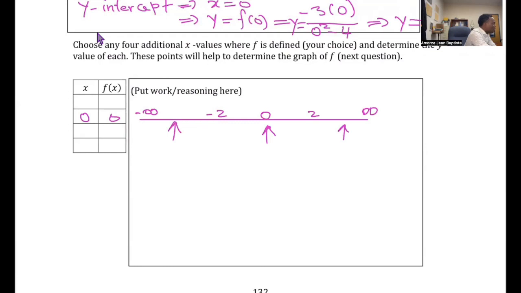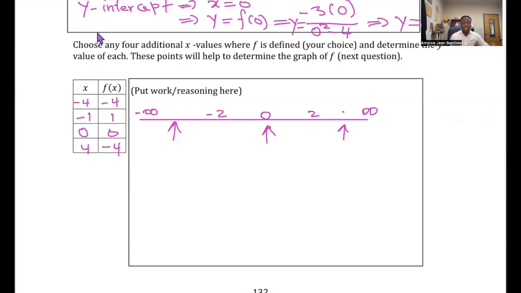So I have negative 4, negative 1, and 0 here. Negative 1 is already between negative 2 and 2. And then the last one, I'm going to take 4. So I have those values.